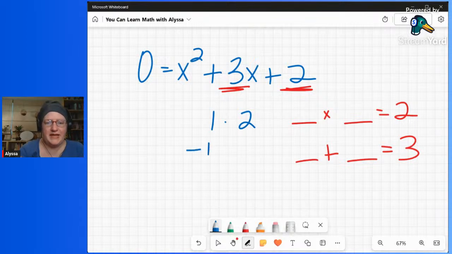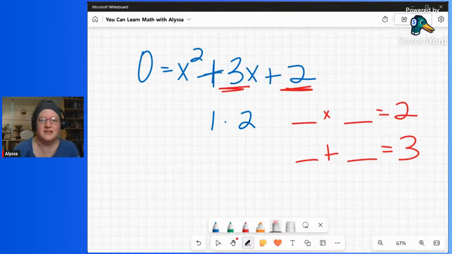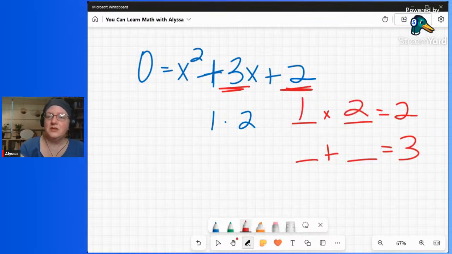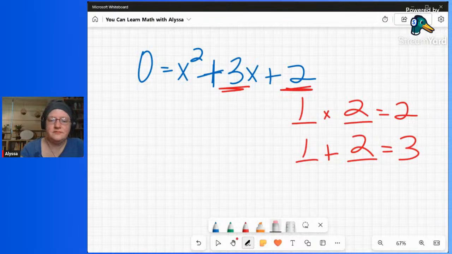It could be negative 1 times negative 2, but we don't have to consider that because the sign in the middle is positive. If it were negative, you'd be looking at negative 1 and negative 2. So 1 times 2, and does 1 plus 2 add up to 3? Yes, it does. 1 times 2 is 2, 1 plus 2 is 3. We've got our factors.